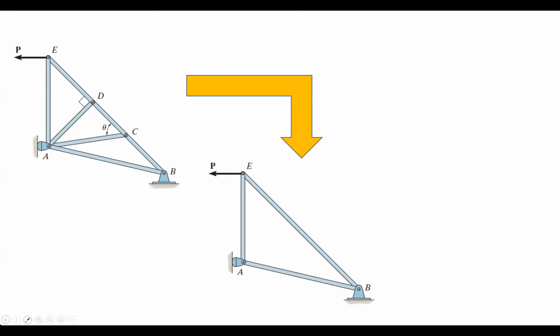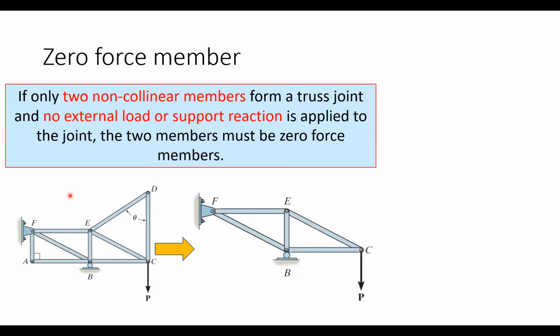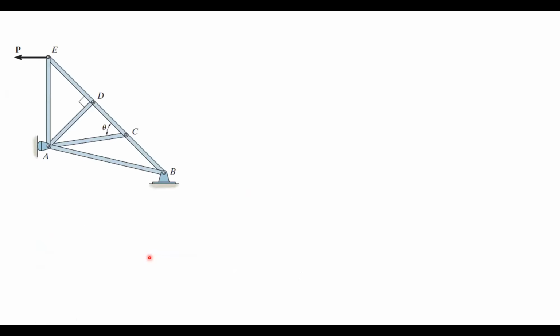There are two types. The first one is where two collinear members meet at one particular joint; those two collinear members must be zero force. The second one is when we have members joining at one joint, and those members are collinear.